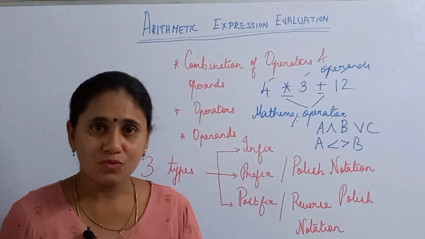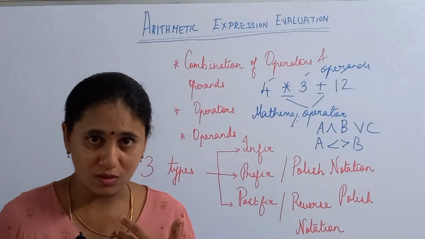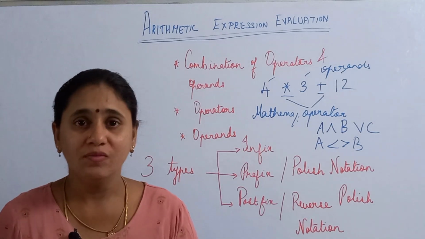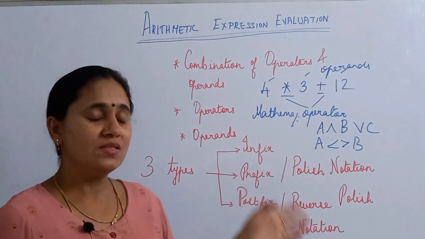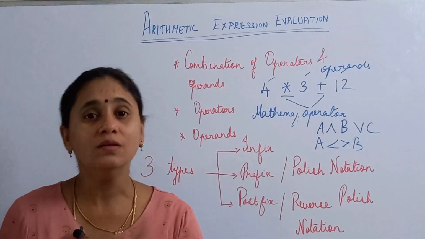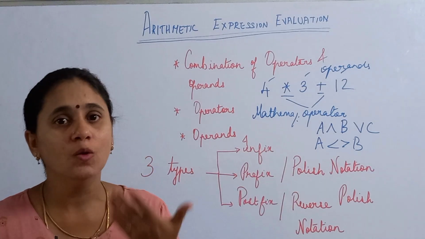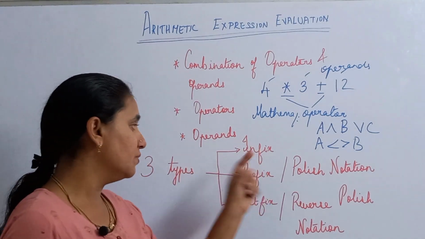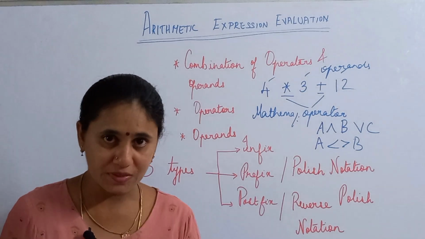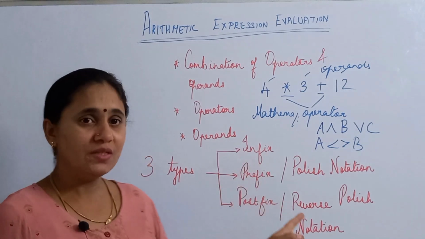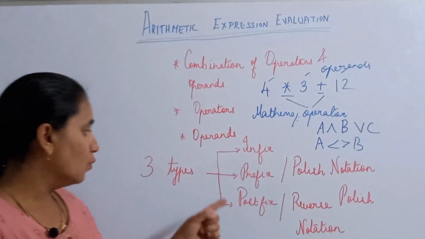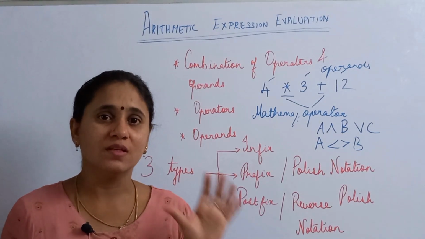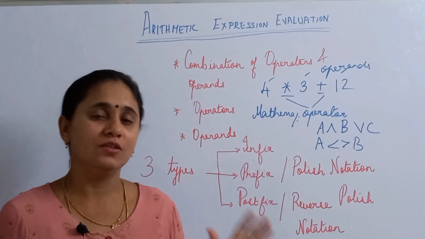Based on the efficiency of our algorithm or of the processors, we can use any one of these expressions for solving the given mathematical problem. Now I am going to explain what infix is and how it is represented, what prefix is and how it is represented, and what postfix is and how it is figured.